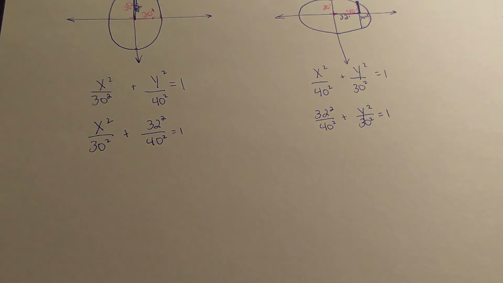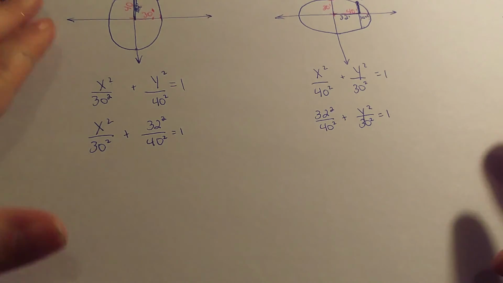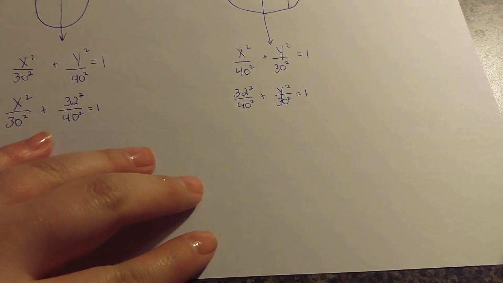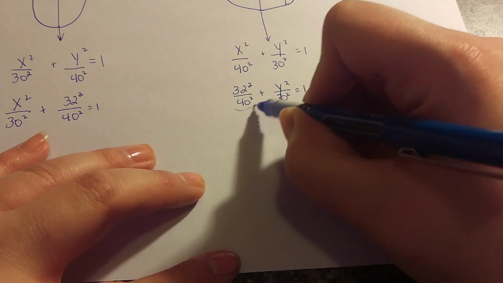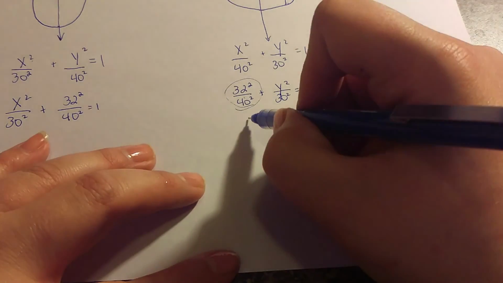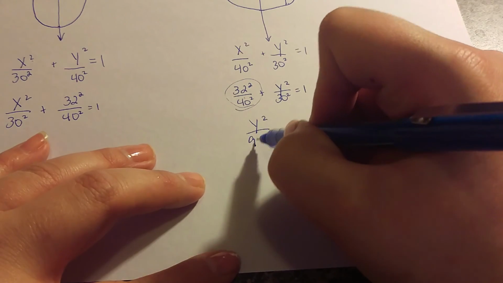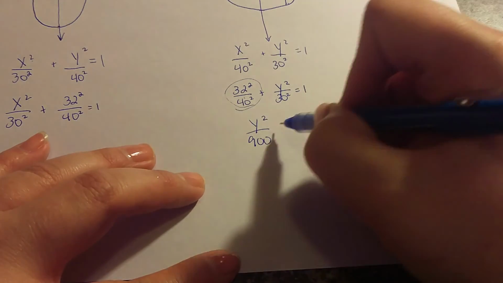Basically, your steps are the same no matter which one you're working with at this point. So I'm just going to work on this one because it's on the right side. I need to subtract this term from both sides. I'm going to go ahead and square the 30.